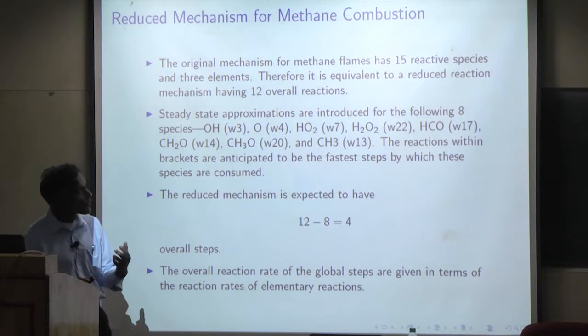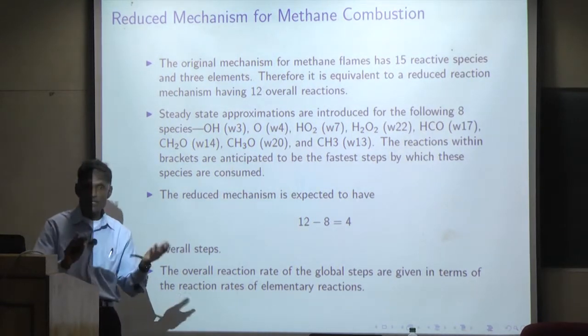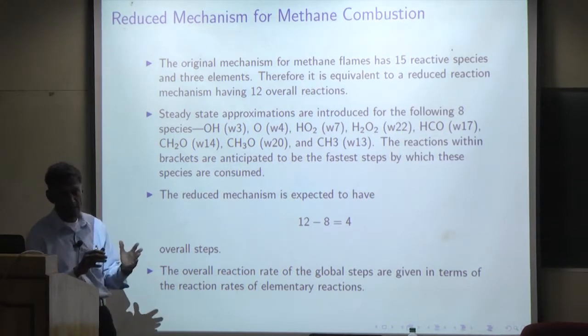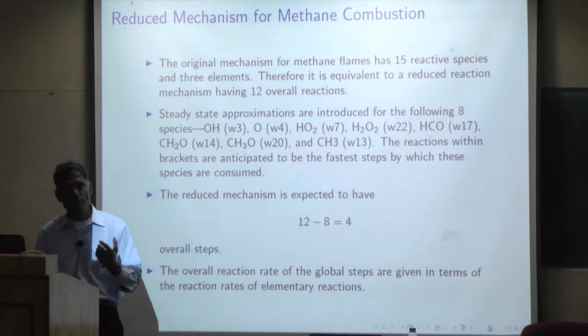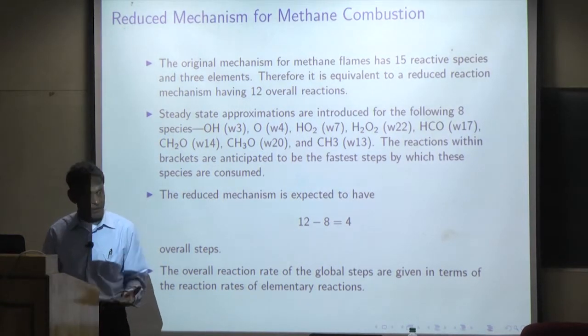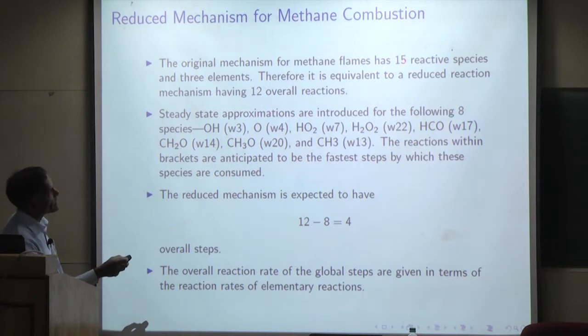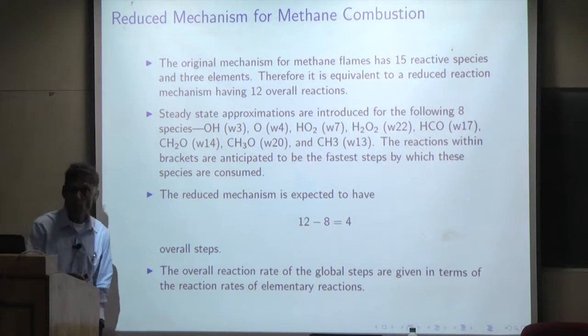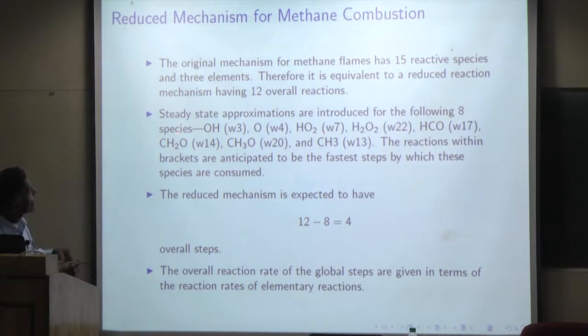So any methane mechanism, no matter how many reactions it has, is a reduced mechanism made up of n minus L. In this particular case, I'm going to start with a methane mechanism with 15 reactive species. So this is already a reduced mechanism made up of 12 overall reactions. Now I'm going to introduce steady state approximations for 8 species.